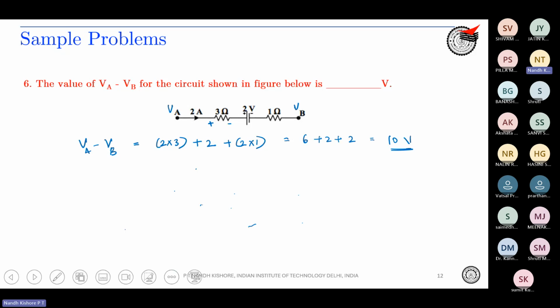This is 2 into 3 positive. Then this is also positive. This is also positive. So the polarities would be adding up, right? So overall voltage will be positive. Correct.